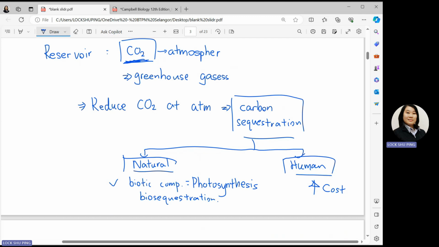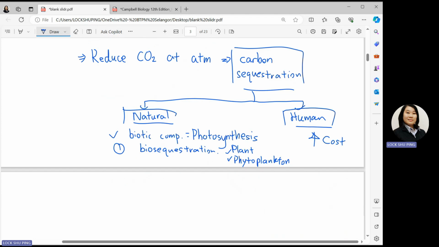With the help of plants or the phytoplankton in the oceans, the carbon dioxide in the atmosphere is removed, or stored inside organic compounds through photosynthesis. So this is method number one.